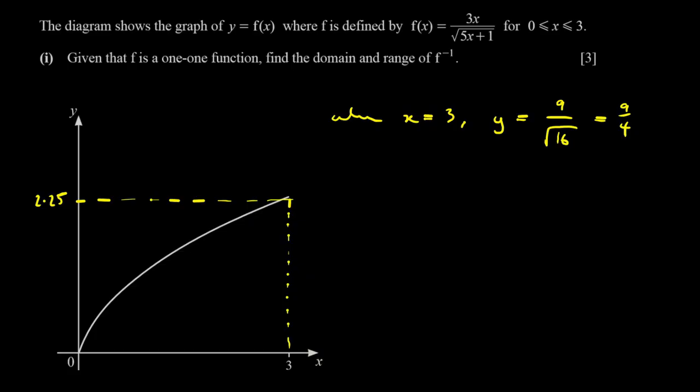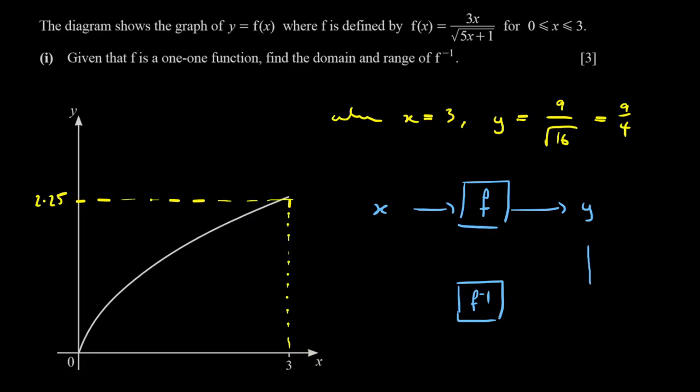To understand this, you've got to comprehend what's happening with an inverse function. So I'm going to think of it this way. Here we've got our original function, and we've got our inverse function here, which is f inverse. An original function takes in inputs, which are usually labeled x, and gives out outputs, which we usually call y. What is the job of the inverse function? The inverse function is supposed to take those outputs and give you back the original inputs.